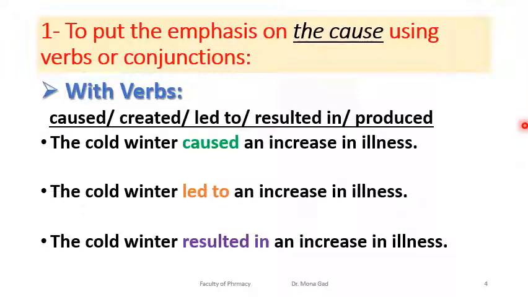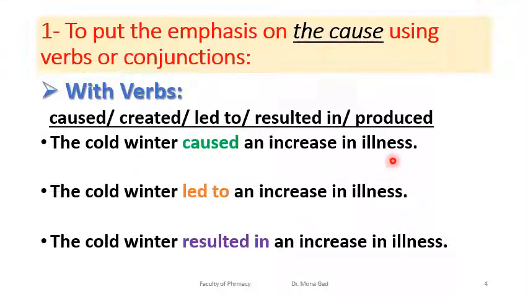We will take the same example and express it every time in a different way: cold winter and increase in illness. Let's start. We'll use cause. The cold winter, this is our cause, caused, this is a verb, an increase in illness. This is our effect.